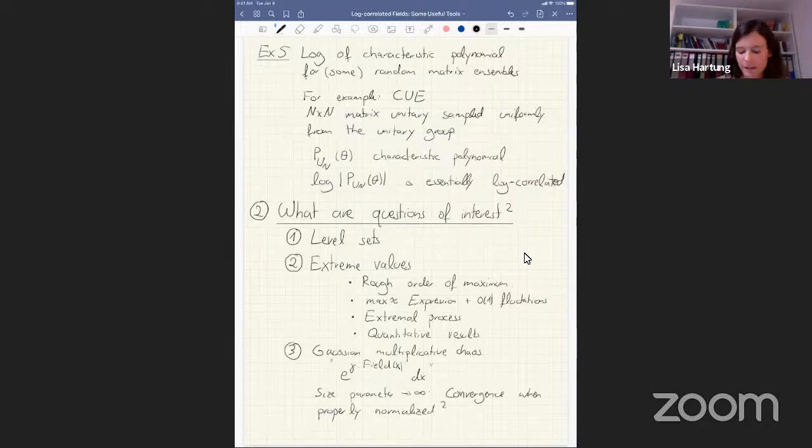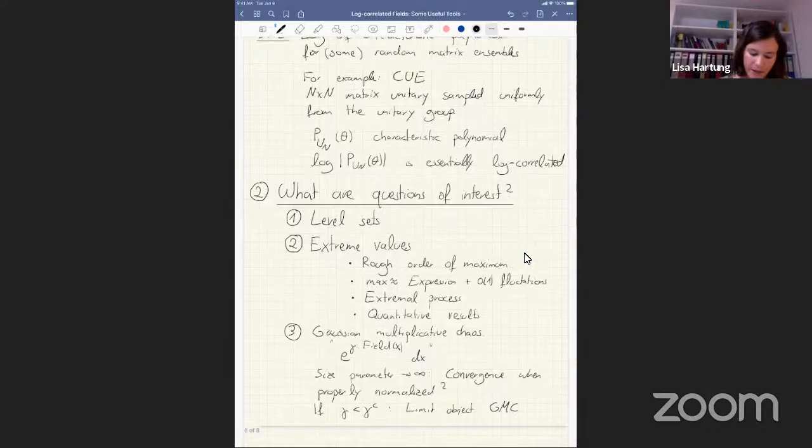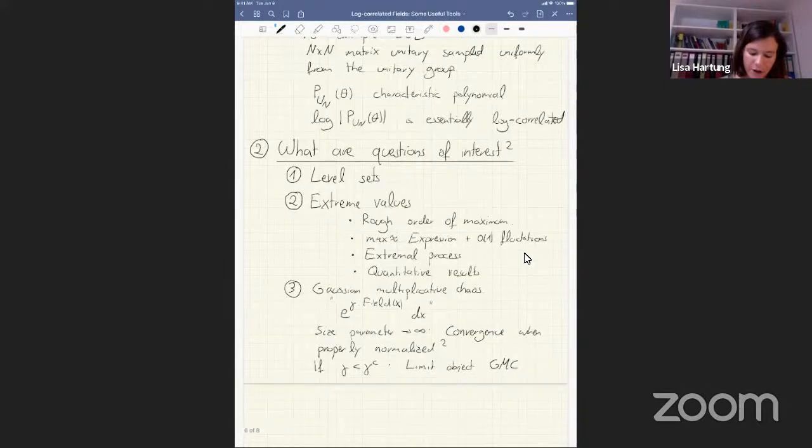And the answer is that, if gamma is smaller than some gamma critical, then usually the limit object is a particular Gaussian multiplicative chaos that comes from the Gaussian field that matches the limiting covariance. And if I have a gamma which is larger than this gamma critical, then to understand the limit, actually the extremes are important.